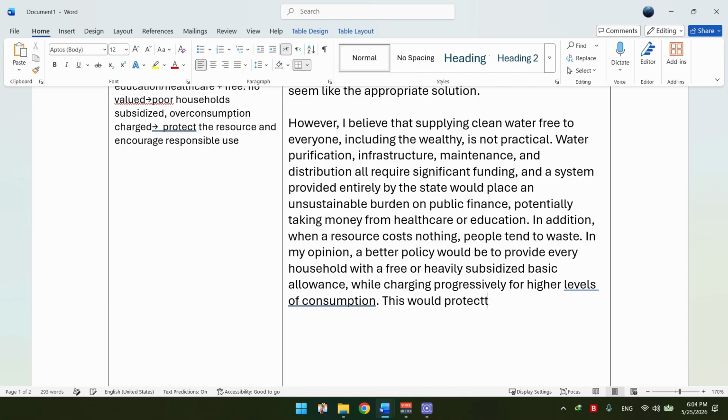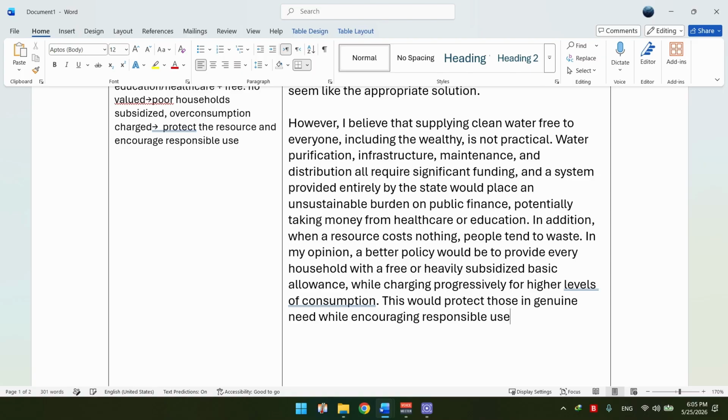This would protect those in genuine need, while encouraging responsible use, because you use as much as you need, and after that you are going to be charged, so you need to be careful about that.